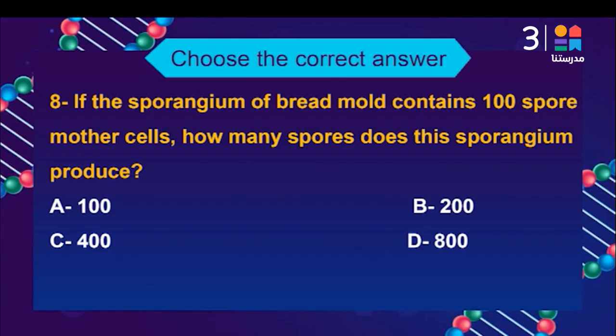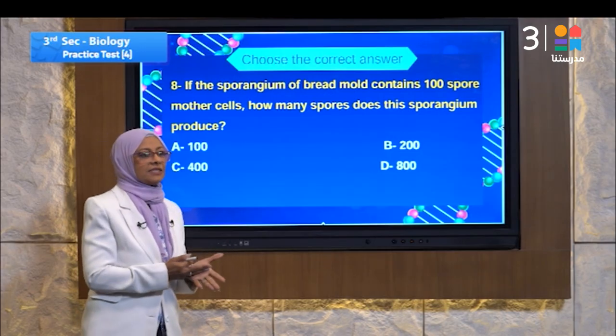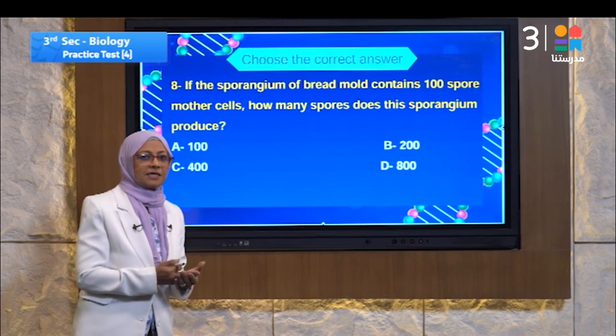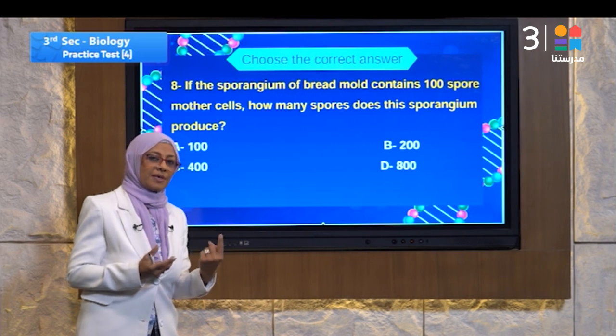Let's go to question number 8. If the sporangium of bread mold, a fungus, contains 100 spore mother cells, how many spores does the sporangium produce? The sporangium here divides mitotically. Mitotic division produces 2 cells from one parent cell.